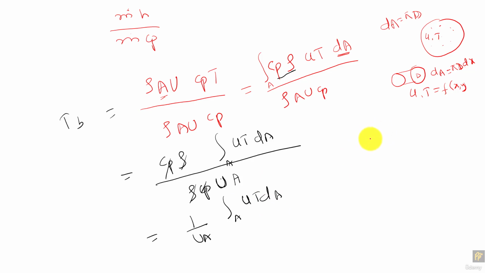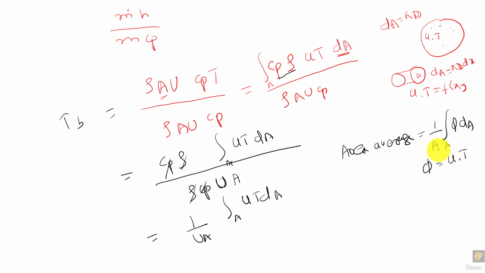In Fluent, when we go inside Fluent, what is happening is that if you take the area average, this is basically an integral, given by 1 upon area and some function phi dA, and this phi in our case is equal to u into temperature, velocity into temperature.